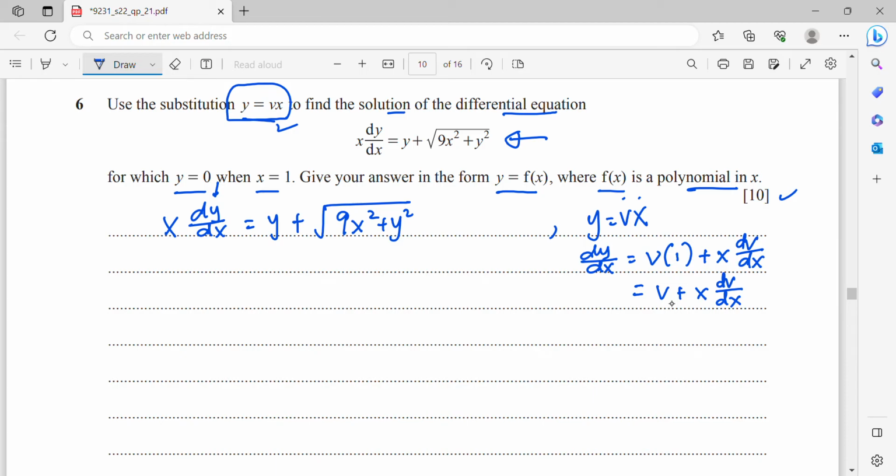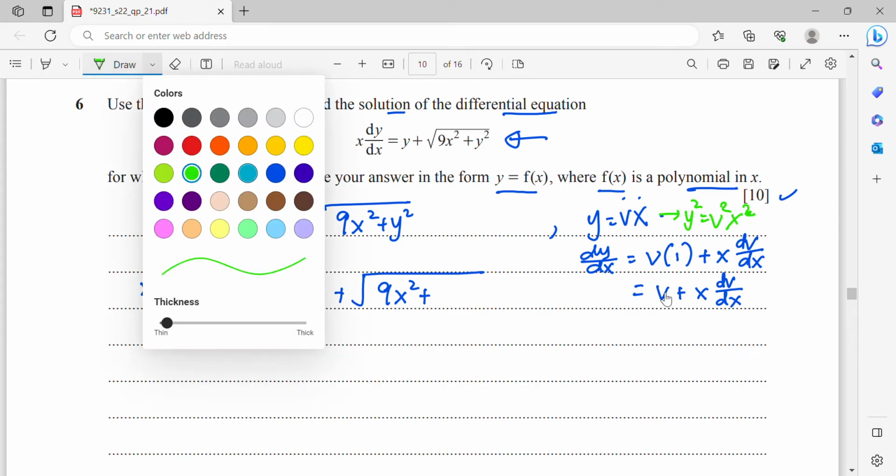So now I will replace. So I will get x bracket v plus x dv over dx equals your y equals vx, so vx plus square root 9x squared plus y squared. So from here, y squared is going to be v squared x squared.